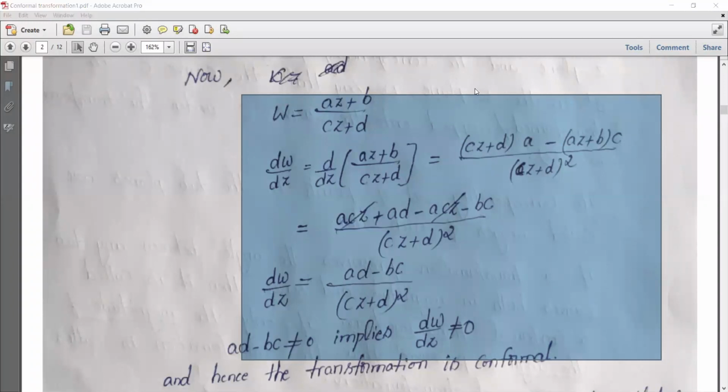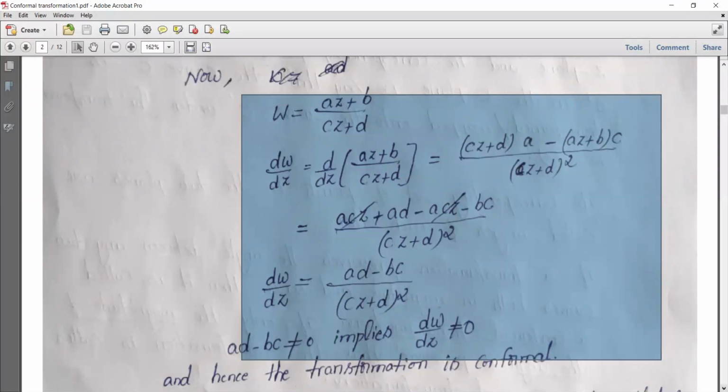That means when the numerator is not equal to 0, this derivative dw by dz is not equal to 0. So when dw by dz is not equal to 0, we say the bilinear transformation w is conformal. What is the condition to say the bilinear transformation is conformal? Its derivative must be not equal to 0.